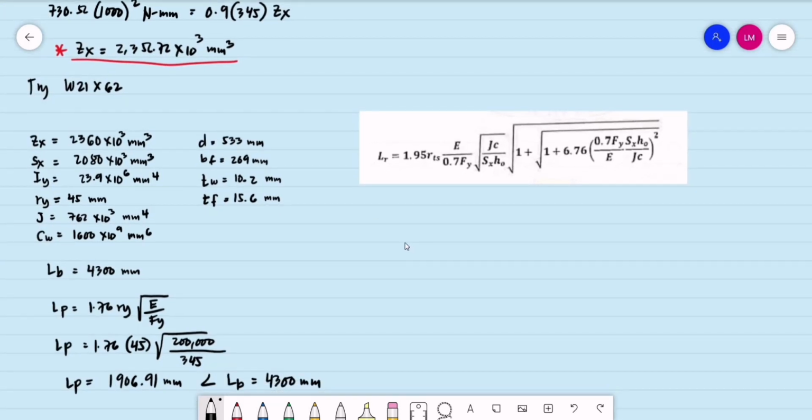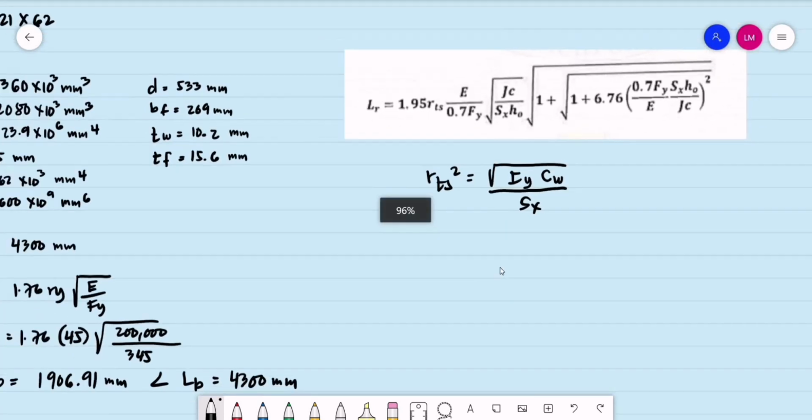Okay, so we'll be needing the value of R sub Ts. R sub Ts squared is equal to the square root of the moment of inertia with respect to y axis, times the warping constant C sub W, divided by the section modulus with respect to x axis, that is the elastic section modulus.